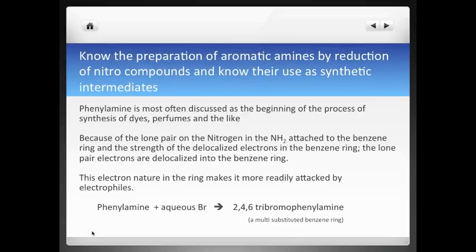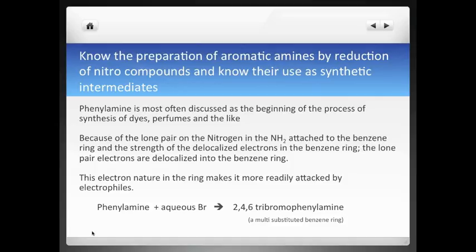Let's take a look at the phenylamine creation because it is the beginning of the process of the synthesis of dyes, perfumes, and many other aromatic compounds.